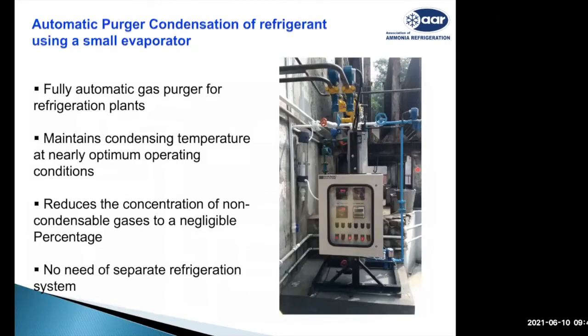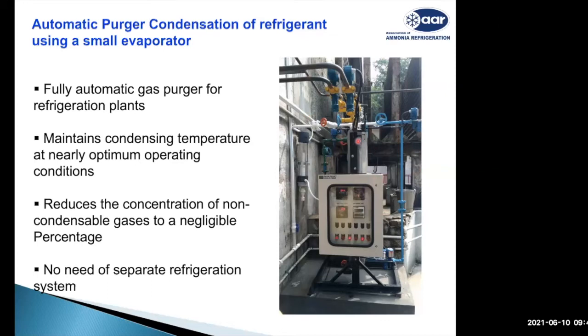You can see here a purger where you have a purge vessel and multiple points coming from condensers and receivers, and a water bubbler. When air is vented, it is released into the water side, so that if there is some ammonia, it gets dissolved in the water and only air gets vented out.